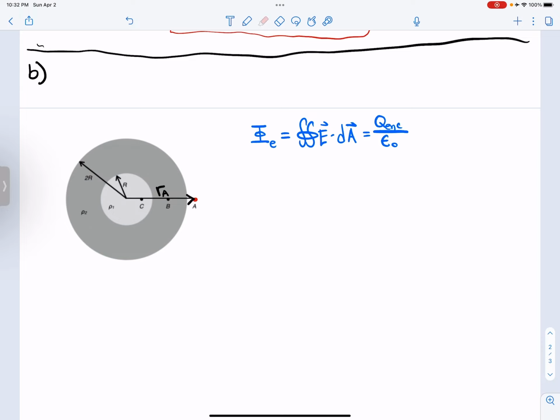As far as my Gaussian surface, I'm going to create a sphere with radius RA. So this is my Gaussian surface.